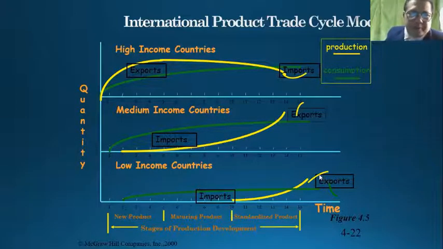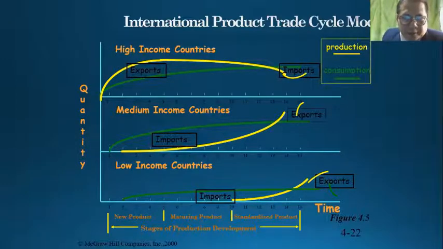Okay? So this is why we could notice why countries have high income, why other countries have medium, why other countries have low income, because we have to take a look at, again, their export, import, production, and consumption. Okay, any questions here?